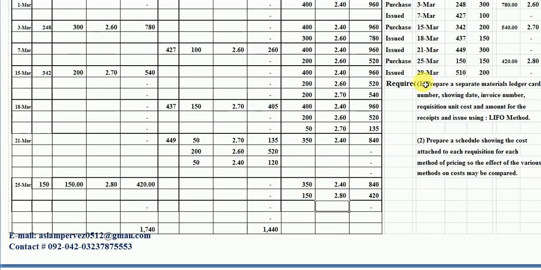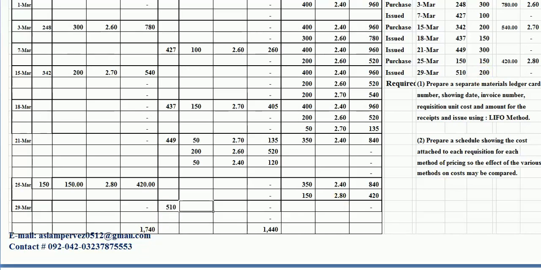Now on 29th March we issued 200 units. The acquisition number is 510.